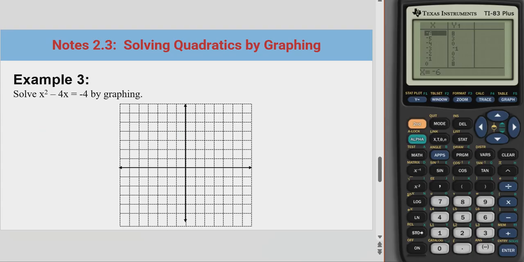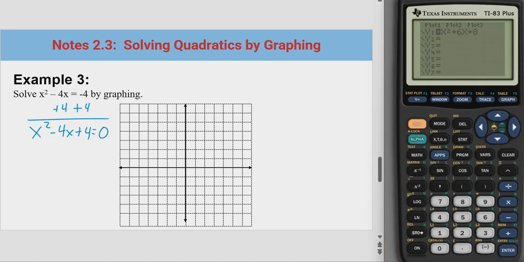And in this situation with graphing, you would want to move everything to one side of the equation. So I would add this 4 across. I would get x squared minus 4x plus 4 equals 0. And then I can type that into my y equals on my calculator or in Desmos.